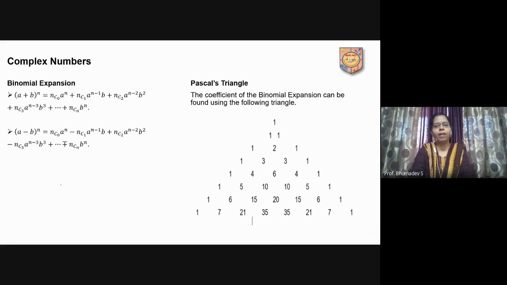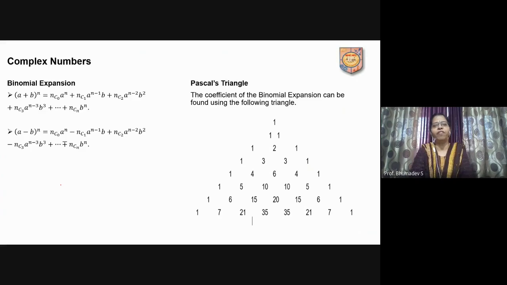The triple one is a triangular form that you are supposed to consider. Suppose the n value is 2, then the combination coefficients will be 1, 2, 1, where the middle term 2 we get by adding the previous row's 1 plus 1.